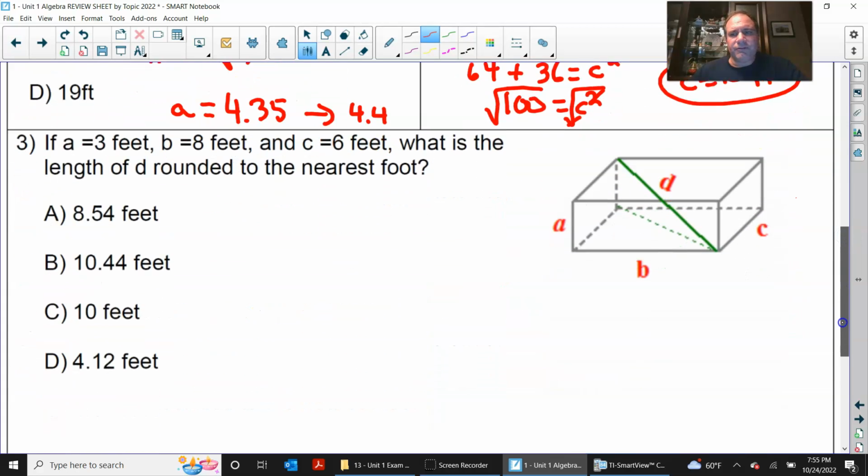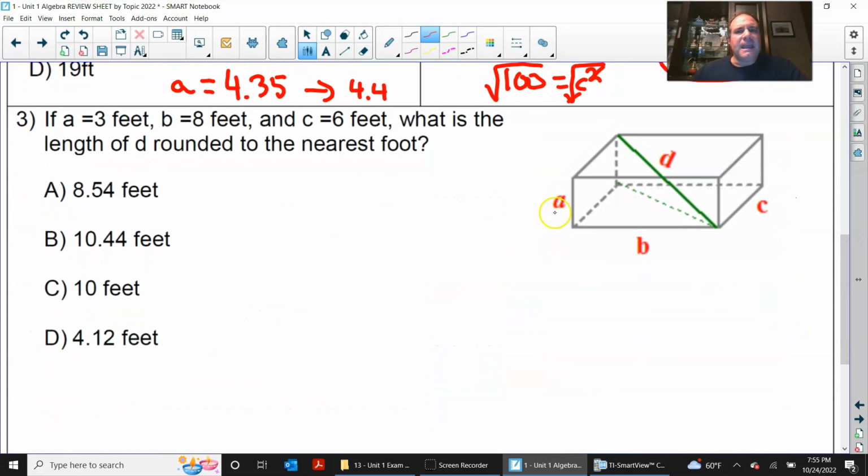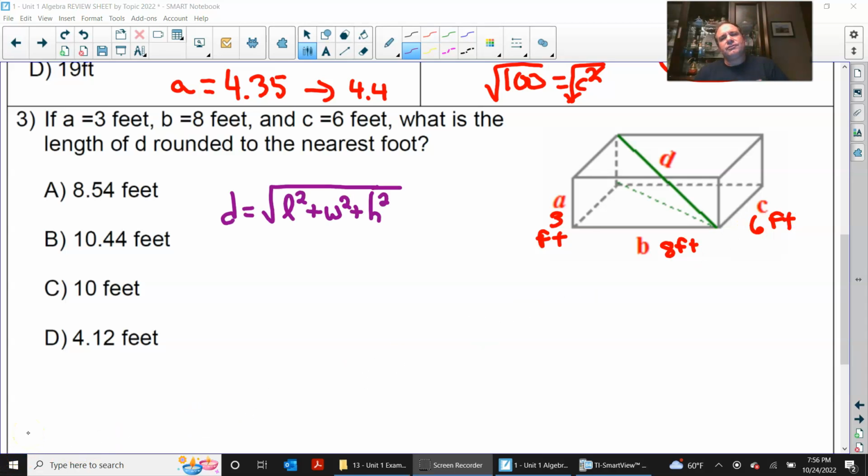All right, number 3. If A is 3 feet, I'm going to put 3 in. B is 8 feet. And C is 6 feet. So just remember, this is a 3D figure here, so it's 3-dimensional.